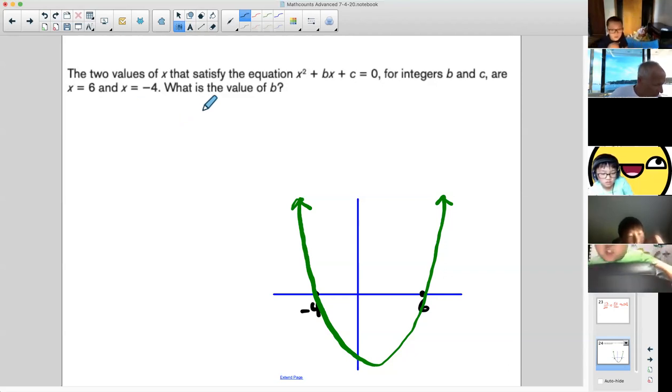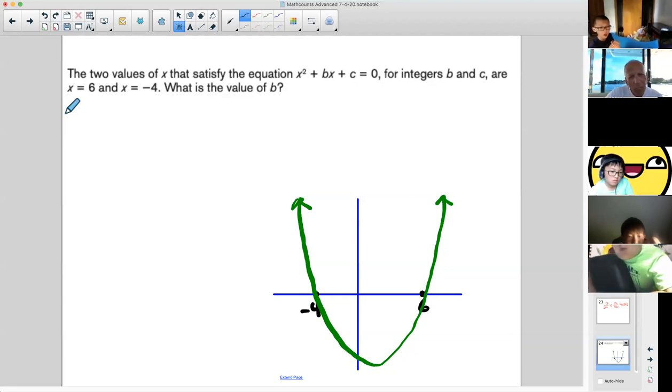Could we substitute x in? So we can do something like 6 squared plus 6b plus c equals 0, and -4 squared plus -4b plus c equals 0. So we can do it like that.